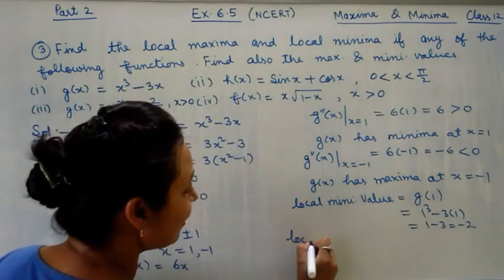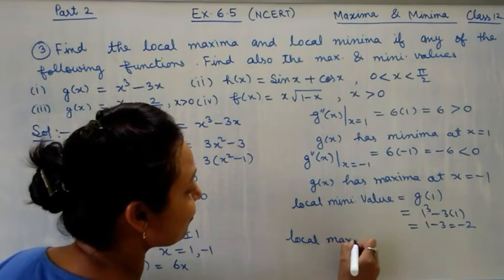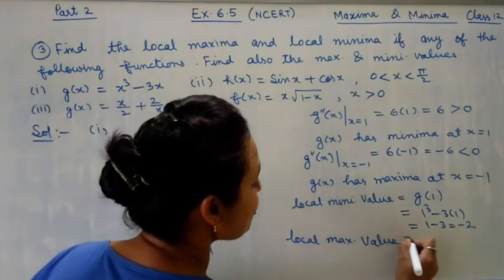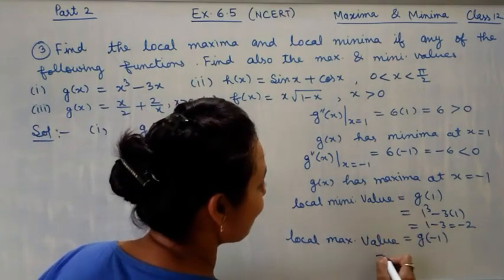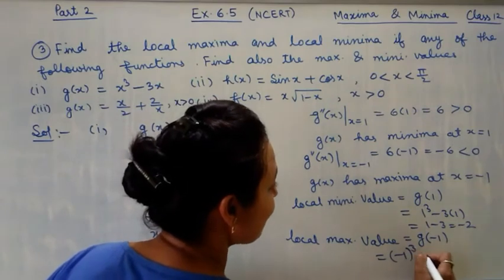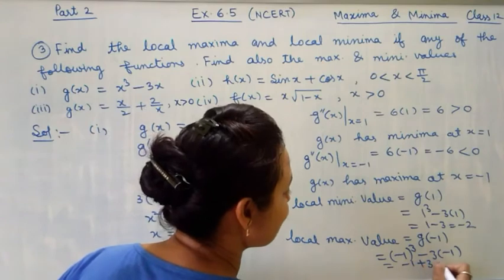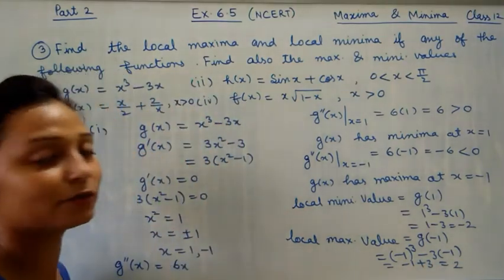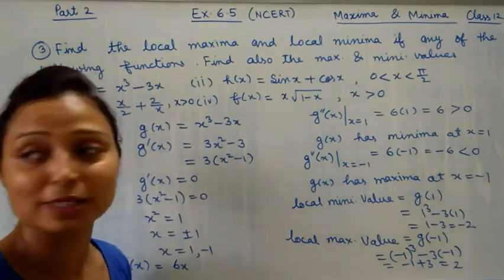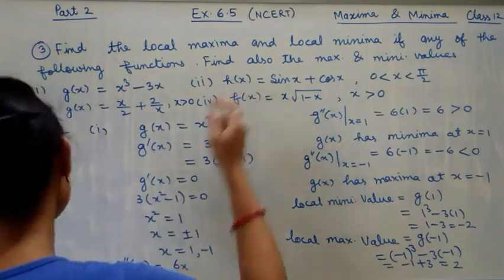Now the local maximum value is g(-1). So I will put (-1)³ - 3 × (-1), which equals -1 + 3, that is 2. The maximum value is 2. So this is one of the simple questions. Now I will take the second question.